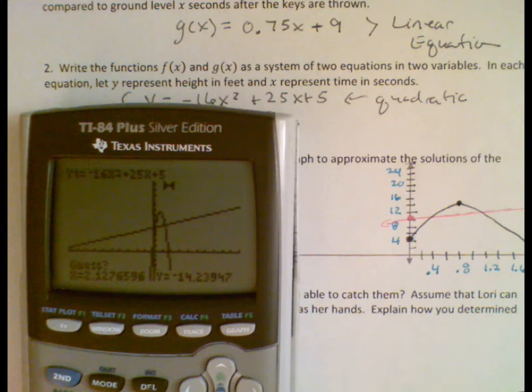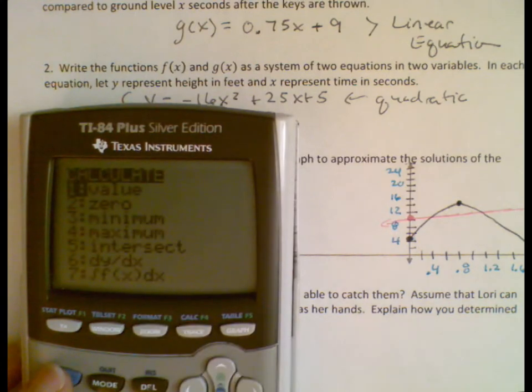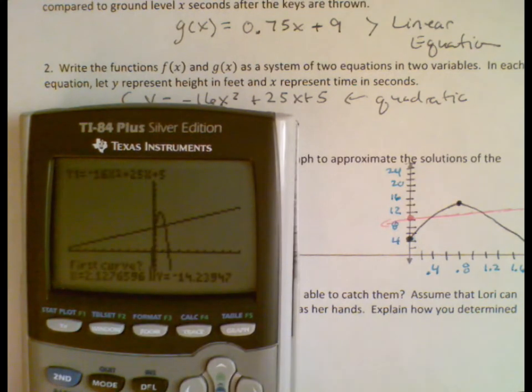Now the whole point of doing this is actually to figure out where these intersect. So I have to go second, trace, intersect. And you guys have done this before. So you just get your cursor close to where they intersect.